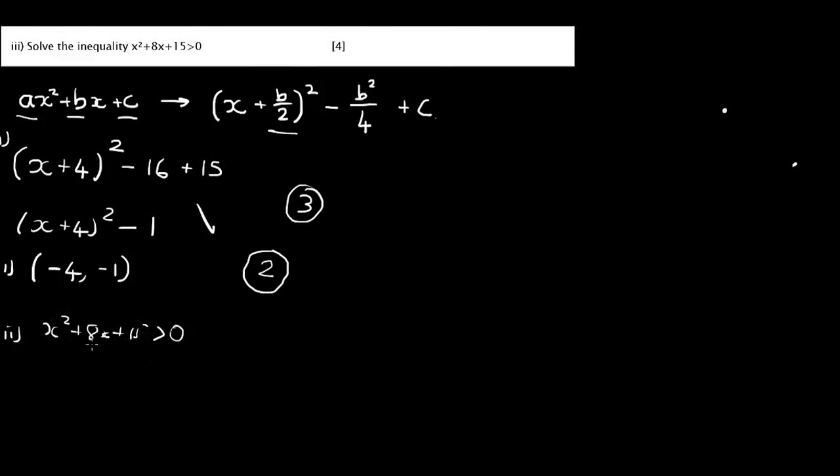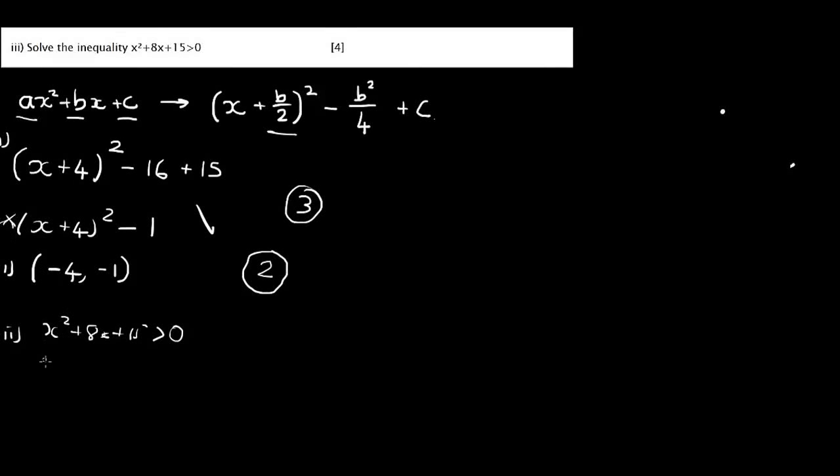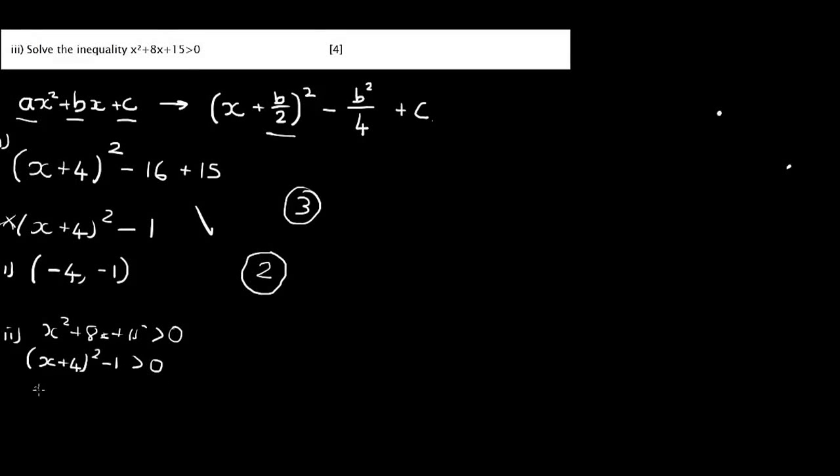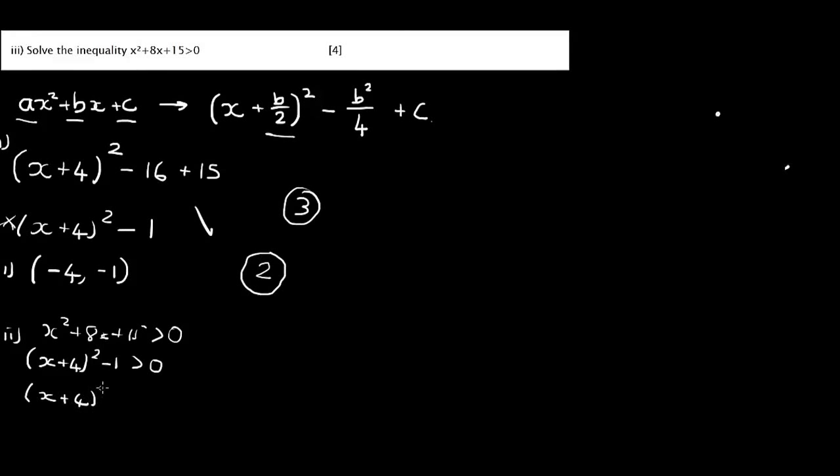We've already expressed this in a different form, so we can now say x plus 4 all squared minus 1 is greater than 0. And rearranging that, we can get x plus 4 all squared is greater than 1.